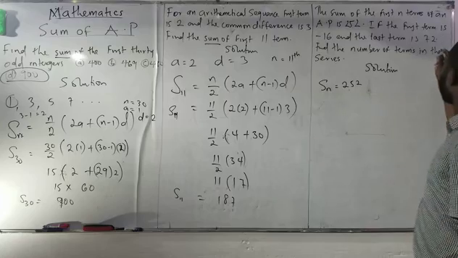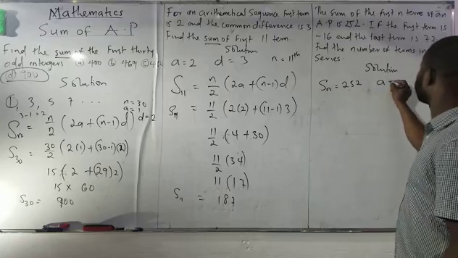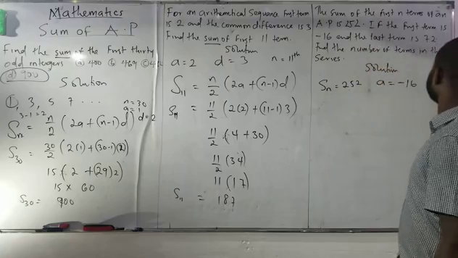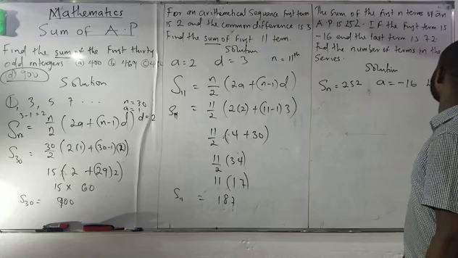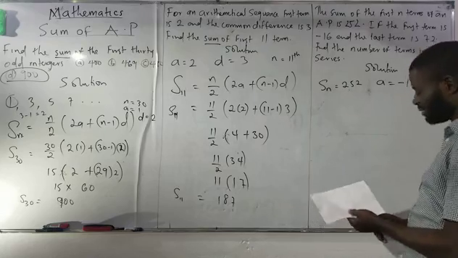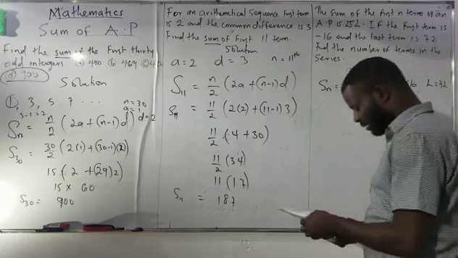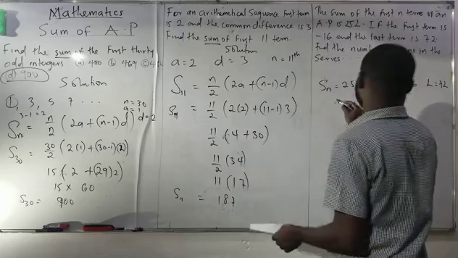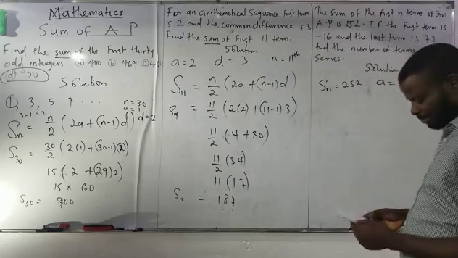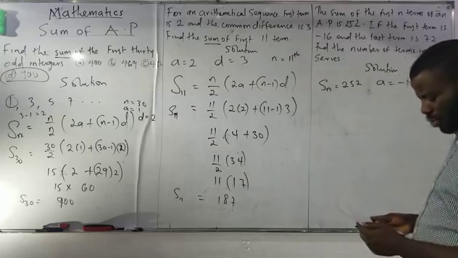If the first term, my a, is minus 16, and the last term, my l, is 72, find the number of terms in the series. You are looking for n. You don't know the number of terms. That is what you just need to work on.